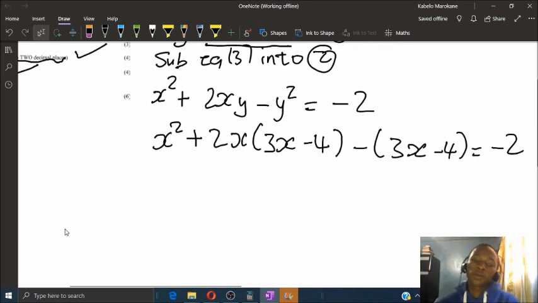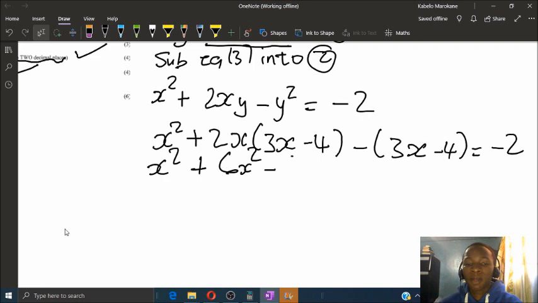Alright, so we have to solve for the bracket now. 2x times 3x, 6x squared. 2x times minus 4, minus 8x. And here I almost forgot the square, and we were gonna get the entire equation wrong. So we have to be extra careful, meticulously careful. So let us solve for the bracket. The quickest way to solve for the bracket is this way.